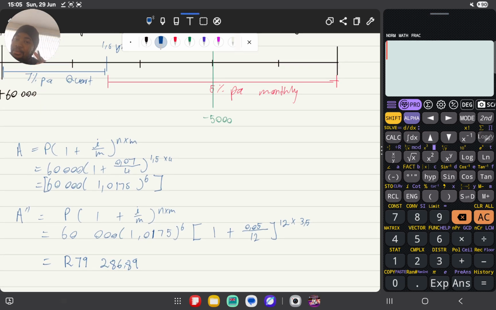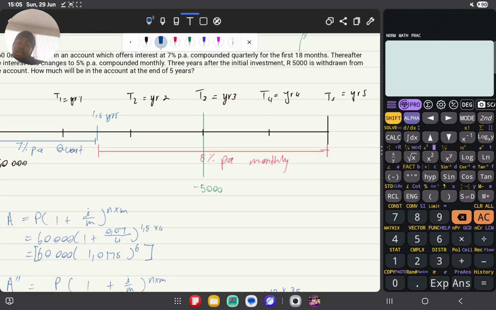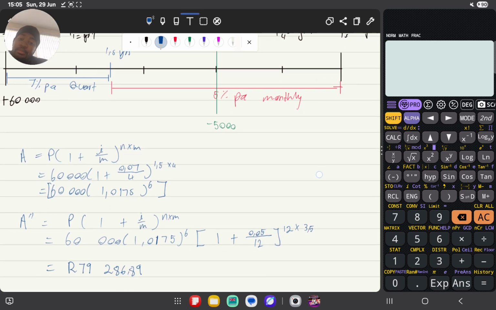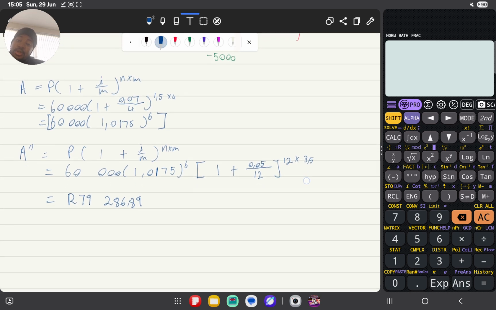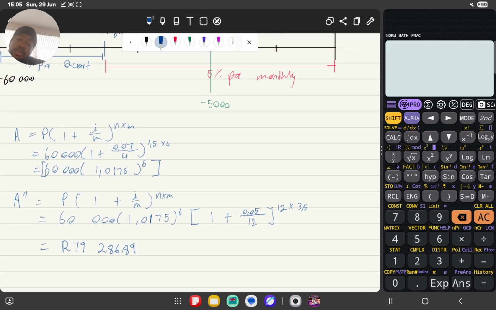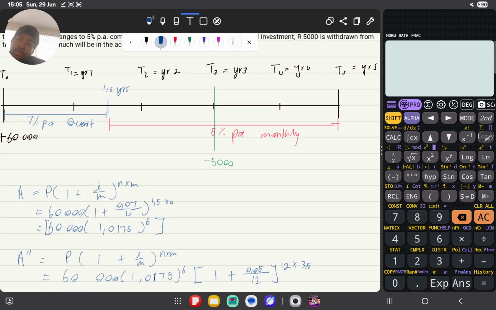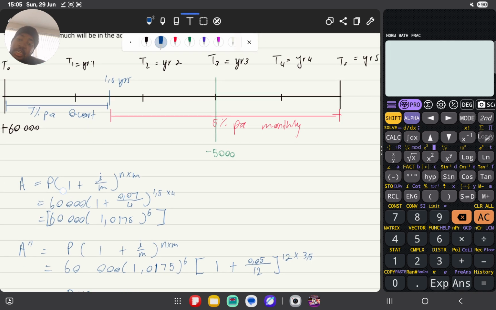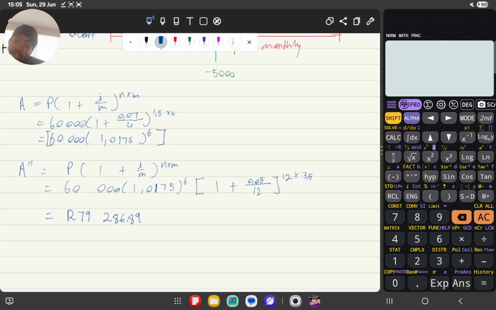So now remember that there was 5,000 that was withdrawn at year 3. So now what I am going to do, I'm going to calculate that if this 5,000 we don't withdraw it, say like there was 5,000 rand. I just want to see from year 3 to year 5, for that 2 year duration, how much interest this 5,000 actually have.